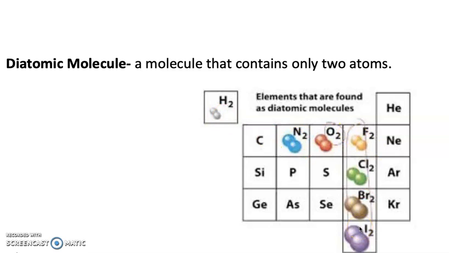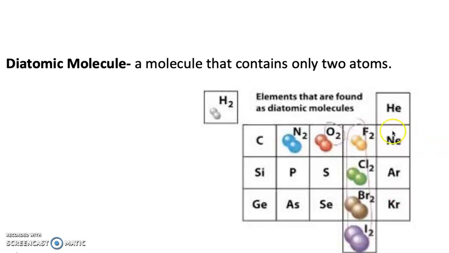These are 7 molecules that have 2 of the same atoms put together. They're very special and unique, and when we do stoichiometry or moles later on, very important when we write the equations out and you use a diatomic, you must write it as such. H2, N2, O2, F2, Cl2, Br2, I2.